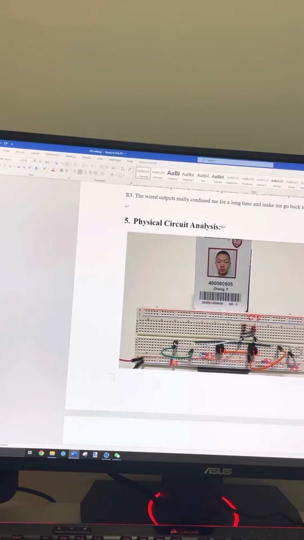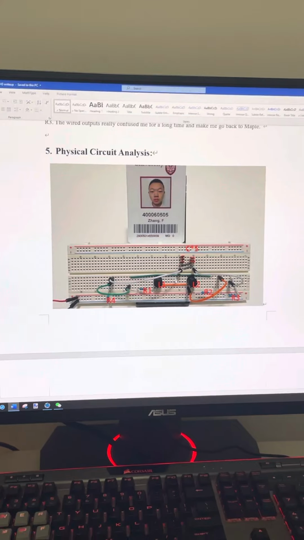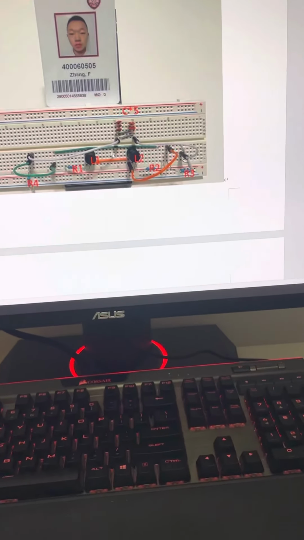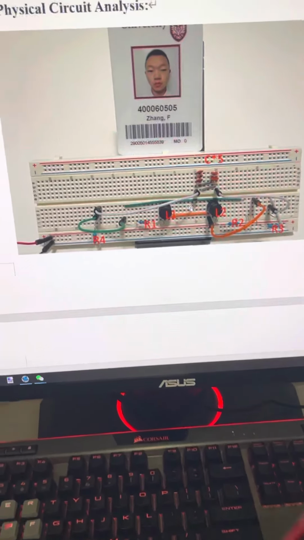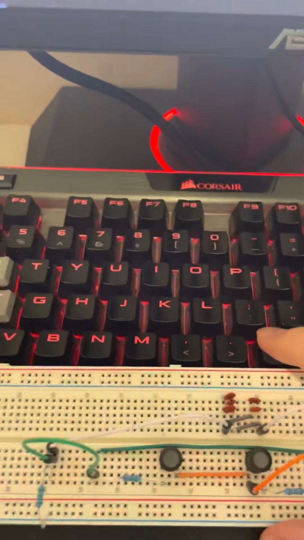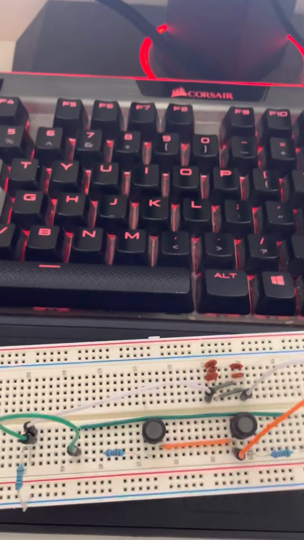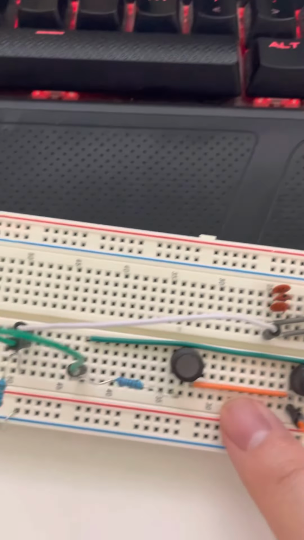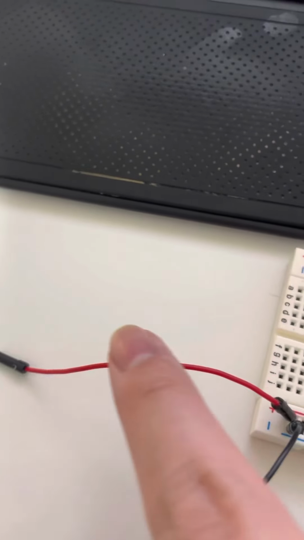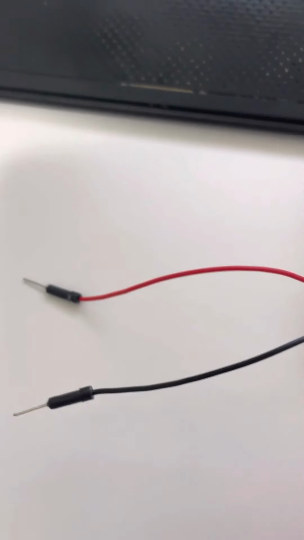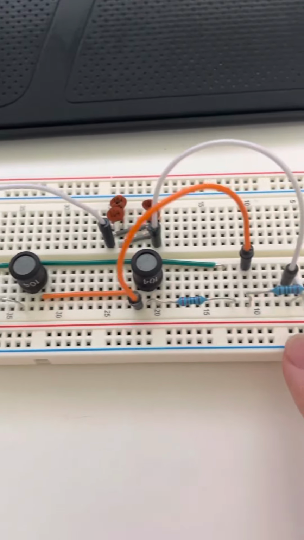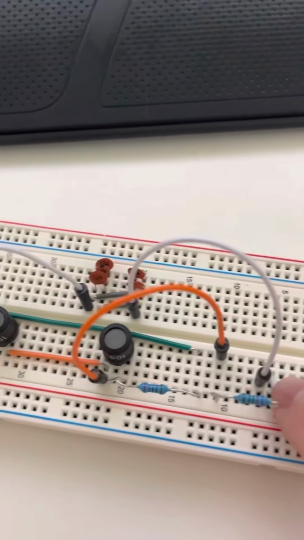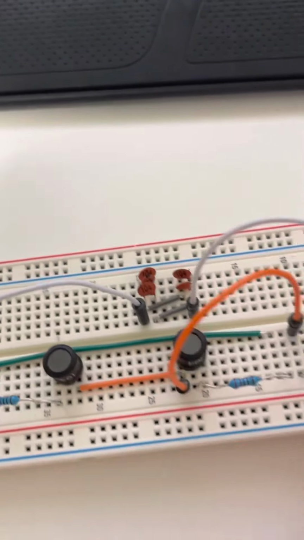And this is the circuit in physical form. As we can see here, the red line is the AC power supply and the black one is the ground, and we follow the red one into here, and we first go to this part.